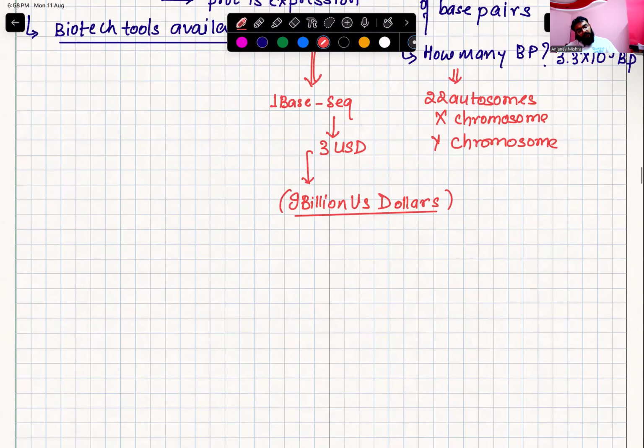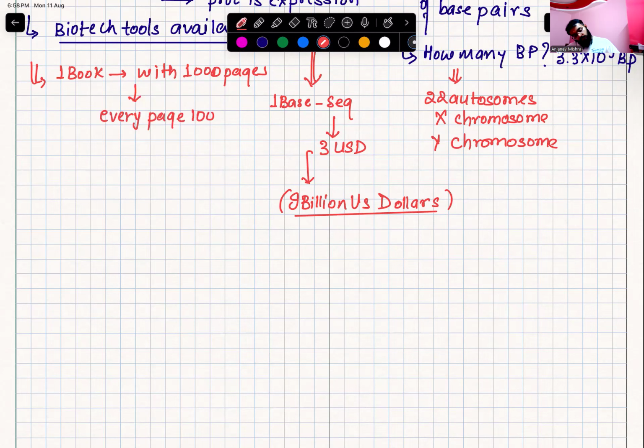Sir, is there any other way other than money to compare and tell us how big of a project it was? If I take a book with 1,000 pages, and every page has 1,000 letters, then I will need 3,300 such books to store all the data.